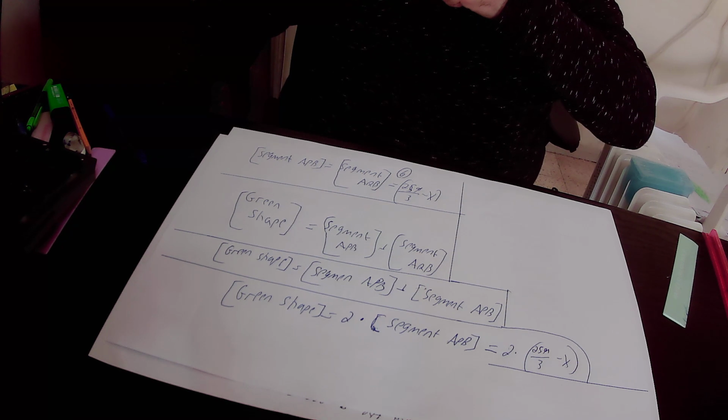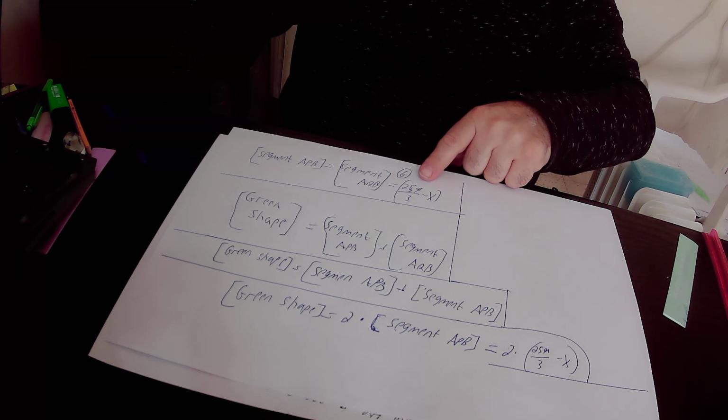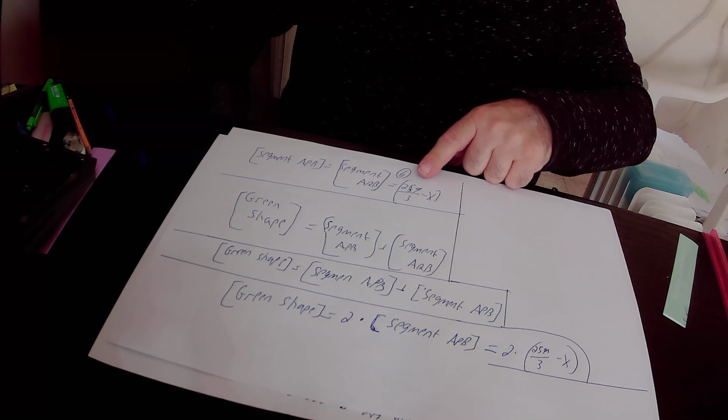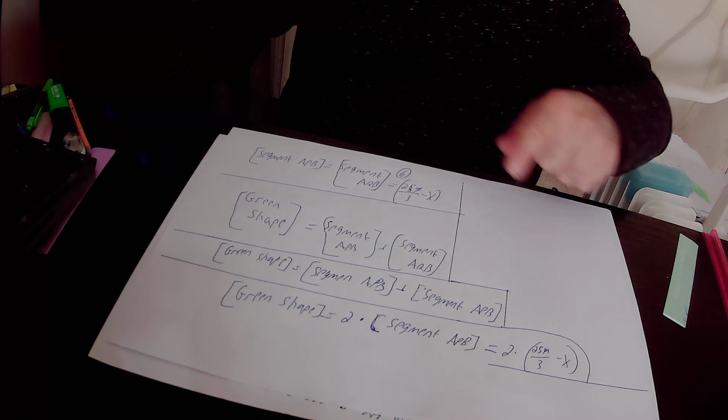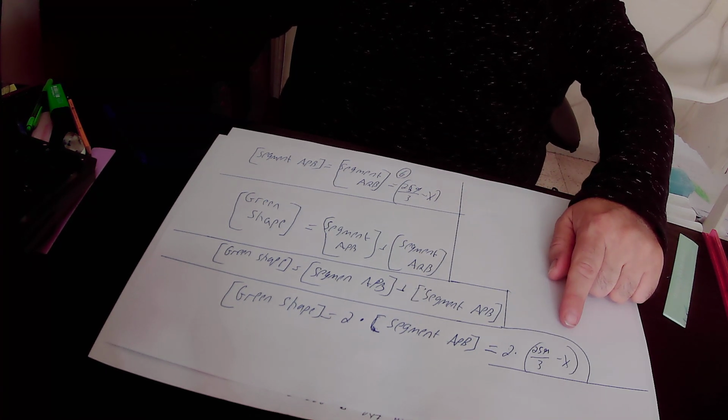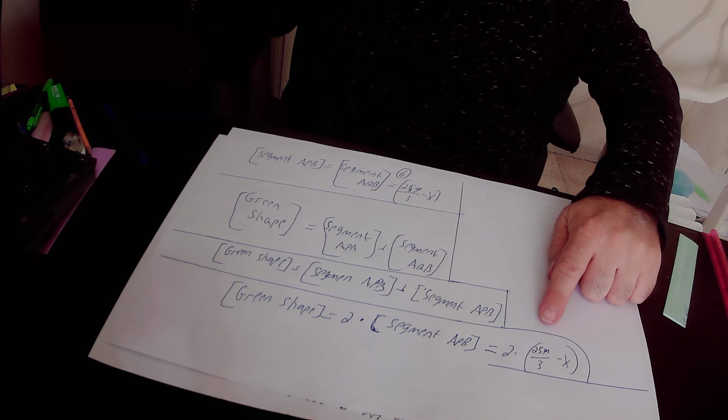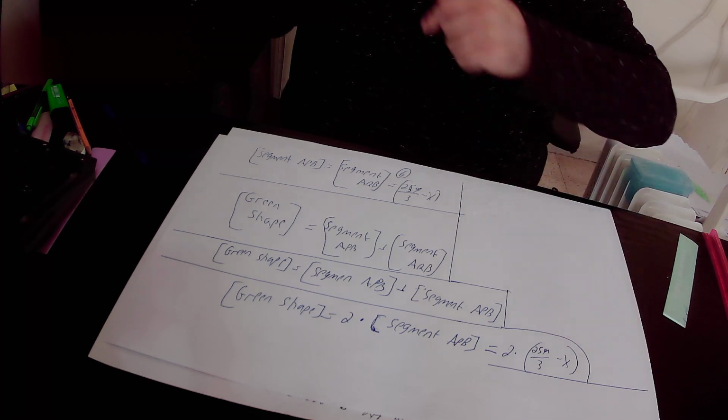And the area of segment APB, we have already found out, is equal to 25 pi over 3 minus x. So 2 times the area of segment APB will be equal to 2 times 25 pi over 3 minus x.